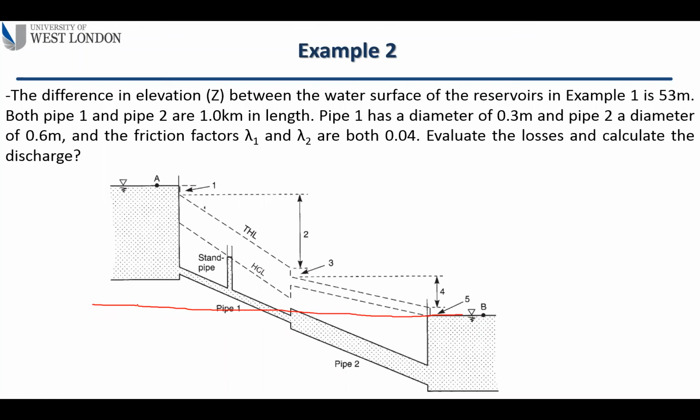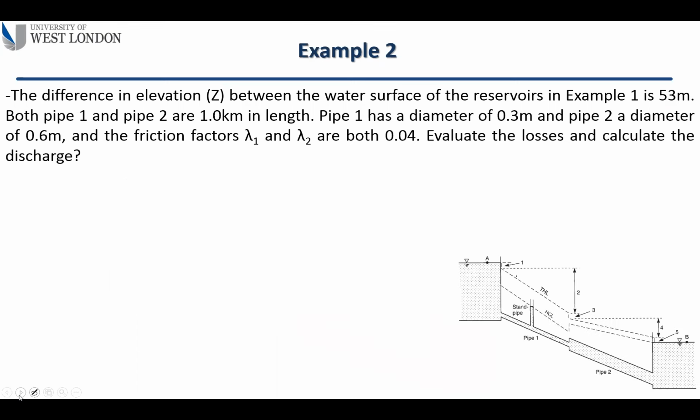So ZA, the level here, is equal to Z, the difference in level between the two reservoirs, which is given to us as 53 meters. For ZB, because the datum or reference line is chosen at the water surface of the second, low reservoir, it is 0.